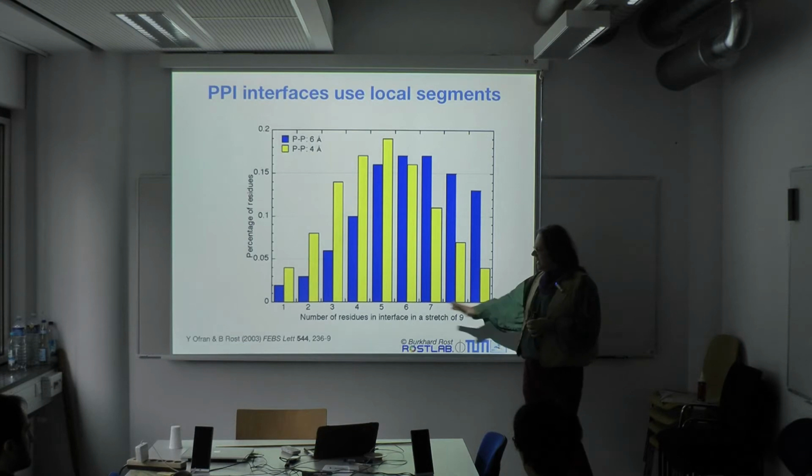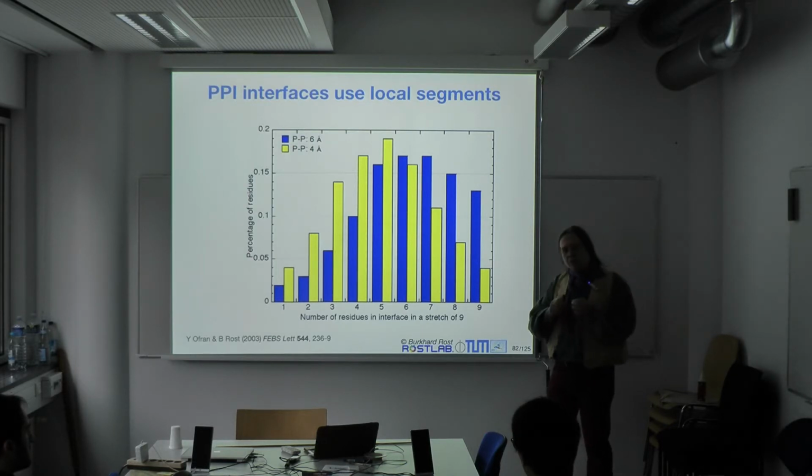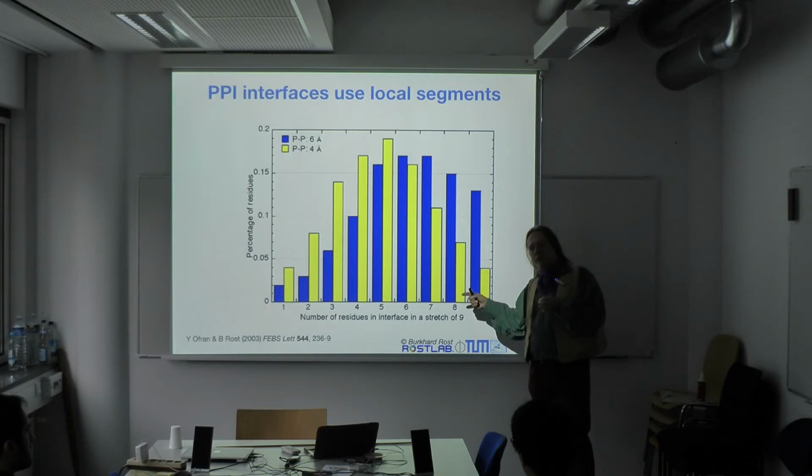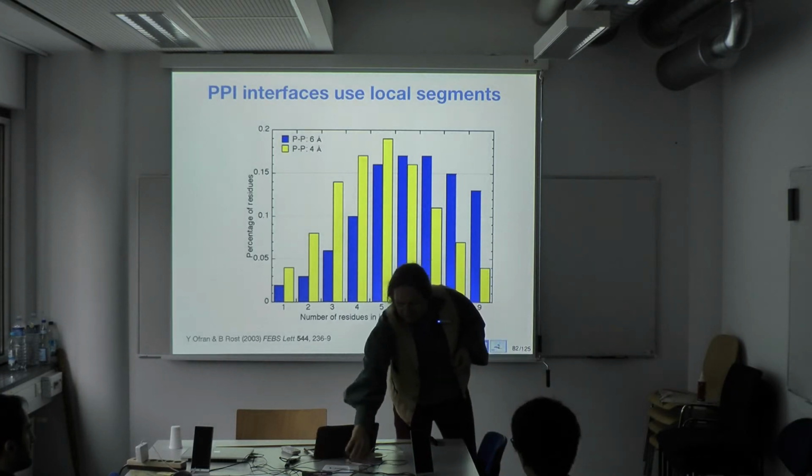Consecutive in sequence, here's one particular way of looking at consecutive in sequence. That's an important thing to remember when you think about windows. So typically consecutive in sequence, you could imagine that you have a running average. Or you could look at how many in the window are in a binding interface.